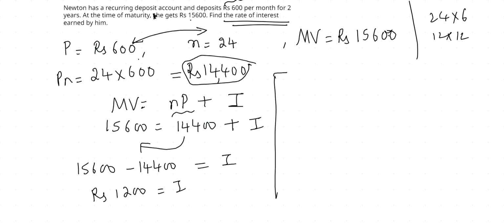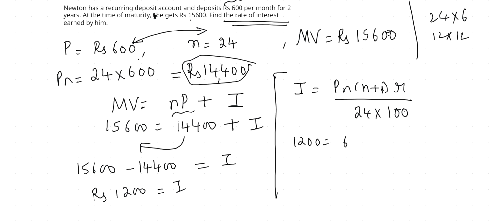So the formula, right? I is equal to P into n into (n plus 1) into R by 24 into 100. All right. So 1,200 will be P, which is 600, into n is 24, n plus 1 will be 25.